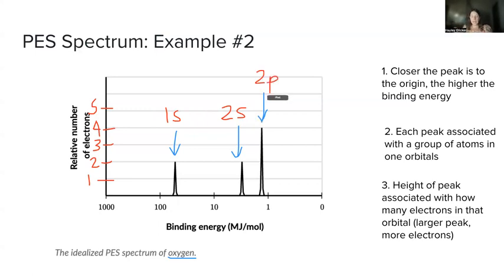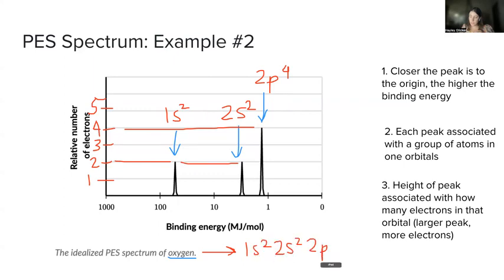Now, based on the height, we can identify how many electrons are represented in each of these peaks. This has a height of 2, so this is 1s2. This is also a height of 2, so this is 2s2. And then this has a height of 4, so this is 2p4. And we can verify that the electron configuration of oxygen is in fact 1s2, 2s2, 2p4.